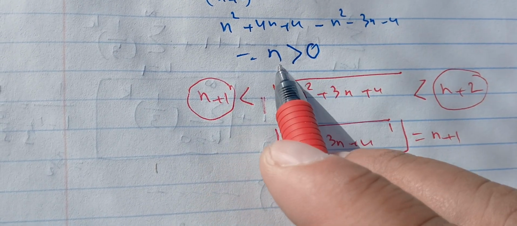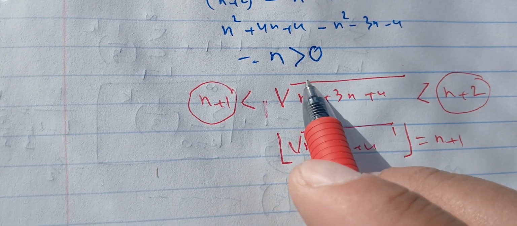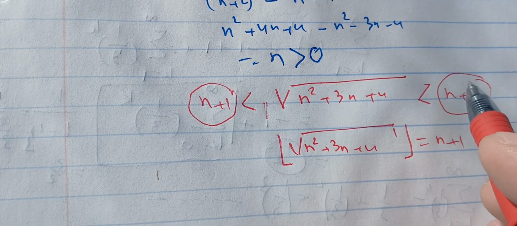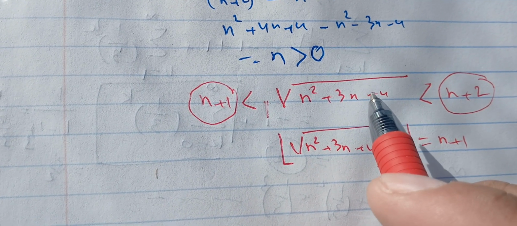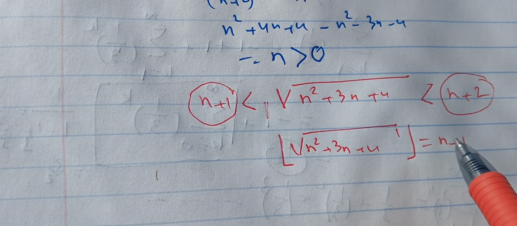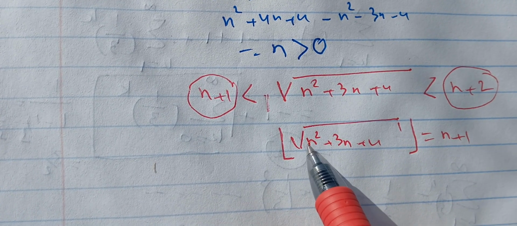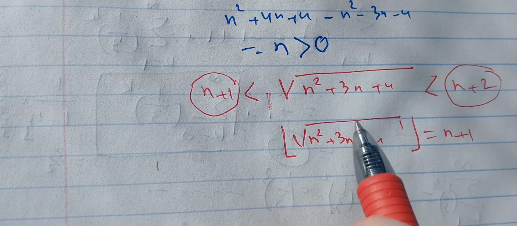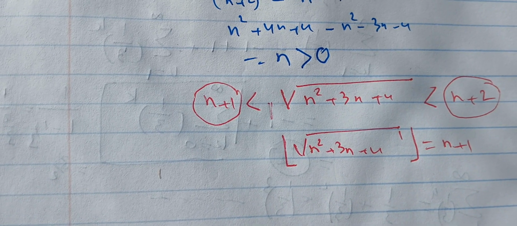There is no other integer between n plus 1 and n plus 2. This is very fundamental in concluding that this is the floor of our function. For instance, we can check if this is true.